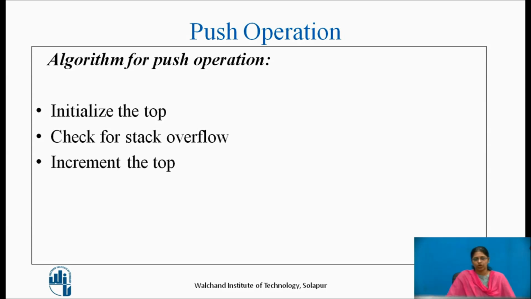Then increment the top by 1, then add the element to the stack. Now, if the stack is overflown, we cannot add the element. So, if it is not overflown, then we have to go for the other two steps. That is, first increment the top by 1 place, then add the element to the stack. If the stack is overflown, then we have to return back to the main module.